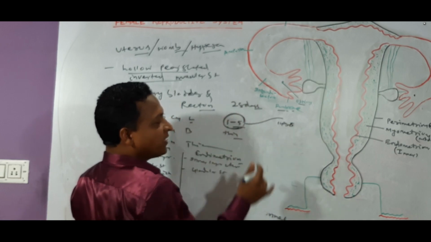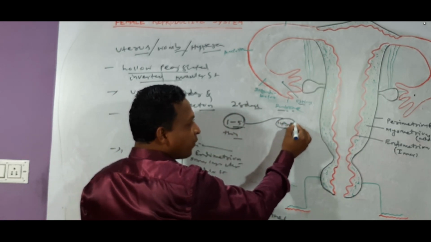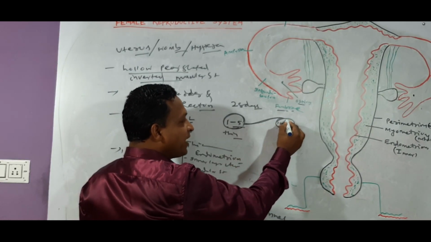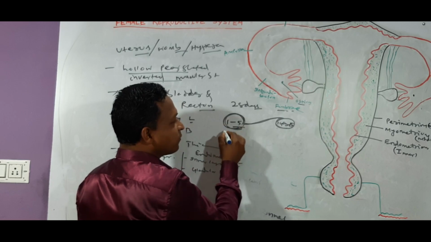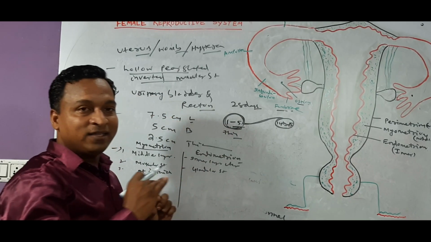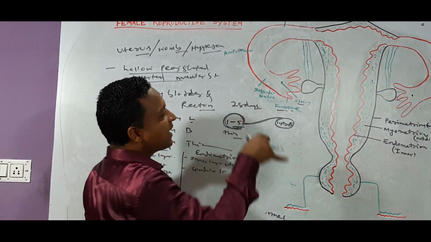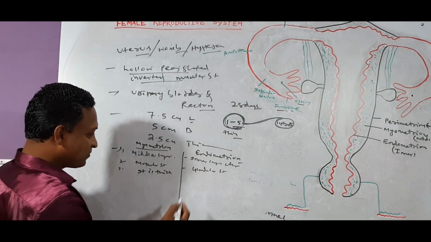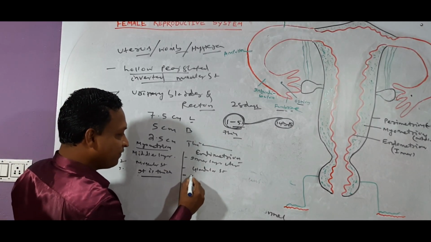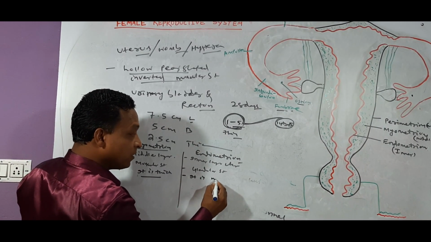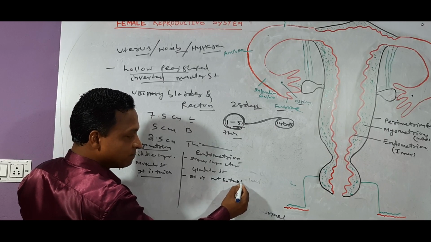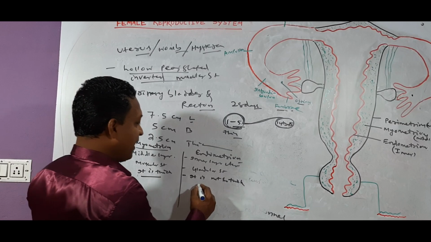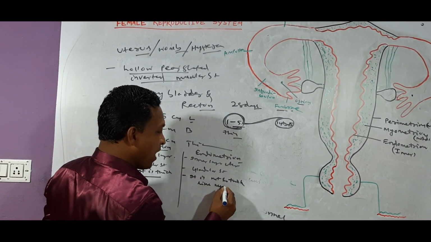Again, when the menstrual cycle starts, in the first 5 days it is thin again. So it undergoes cyclic changes during the menstrual cycle. It is not as thick as the myometrium.